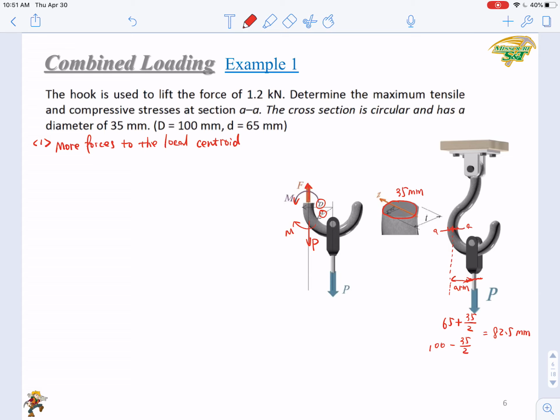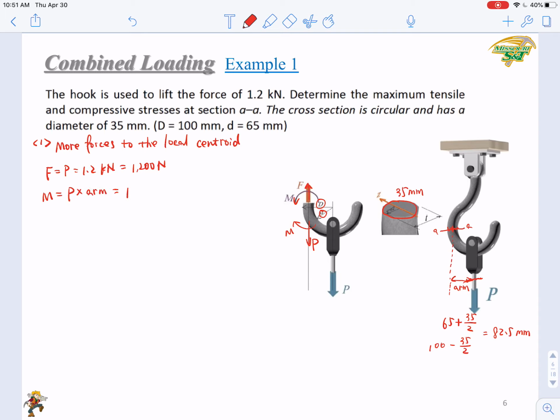Right. So obviously F equals P, that is 1.2 kilonewton or 1,200 Newton. Right, then M equals P times the arm.